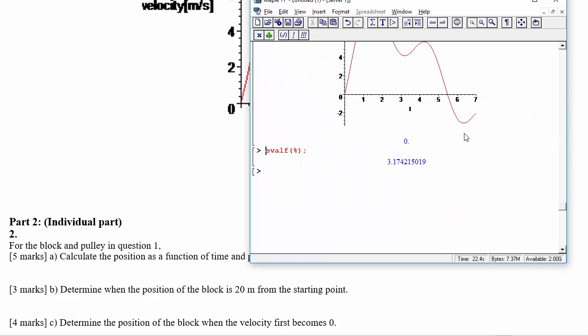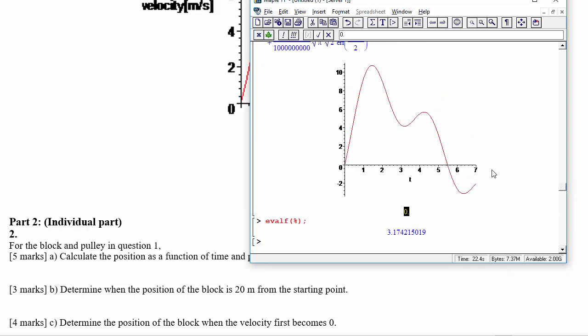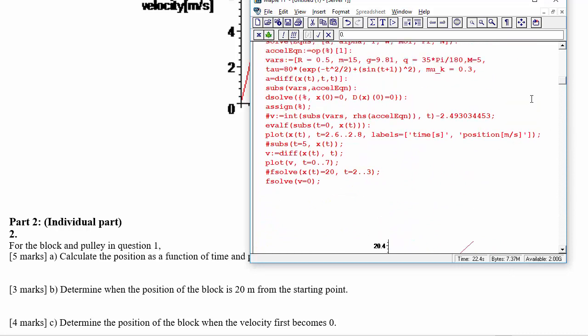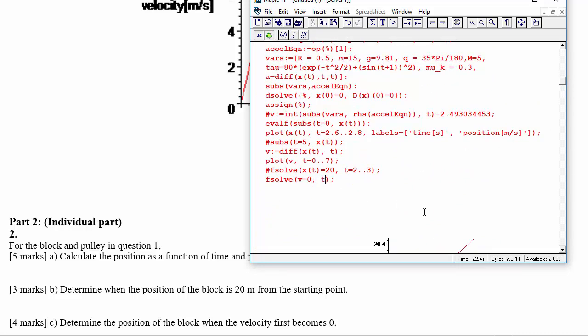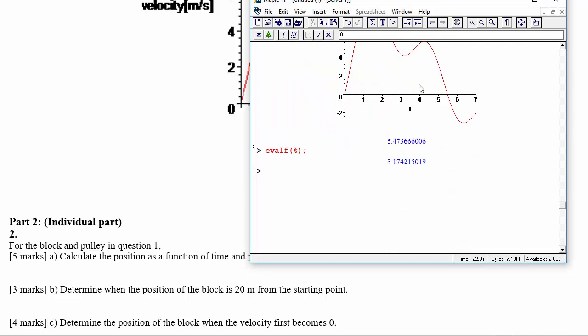If we just say fsolve v equals 0, it's going to give us 0 because, well, when t is 0, that's the first time the velocity is 0. But we don't want that time. We want the time in this range. So we can specify a range that we want fsolve to search in. So t equals 5 to 6 will let us zero in on that one that we're interested in, and that's 5.473. That's how you can do it with Maple.